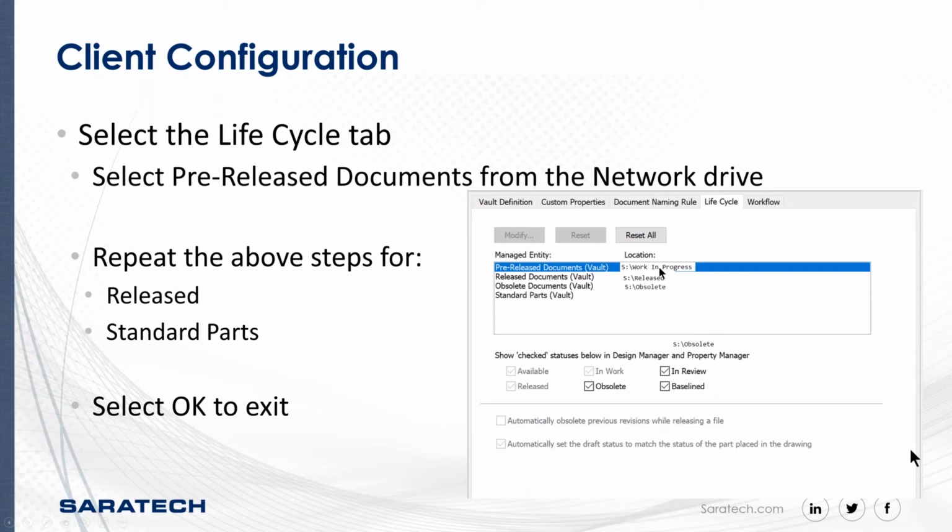If you set these all up, it'll progress those files through this sequence of folders that are set up on the server. Underneath these, you can also have additional folders set up if you like to work in a project-centric folder, so you have a folder that is related to a specific project. It will duplicate that folder structure as those files progress from pre-released to released to obsolete, so you can maintain the tracking of those projects.